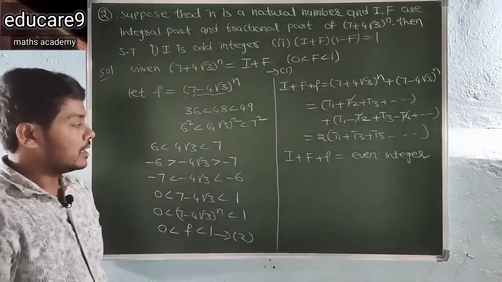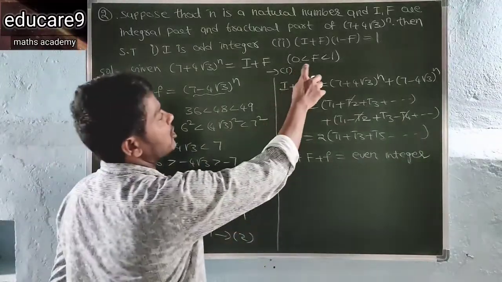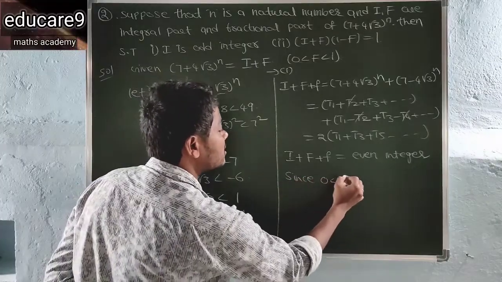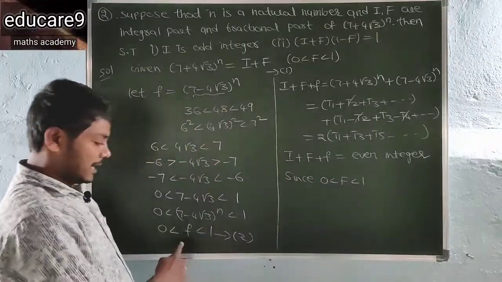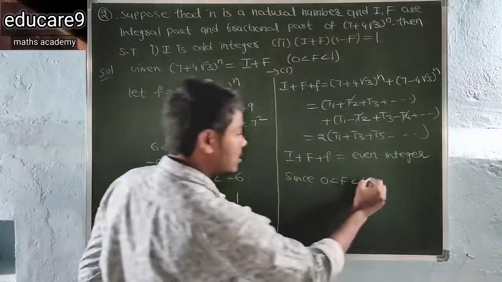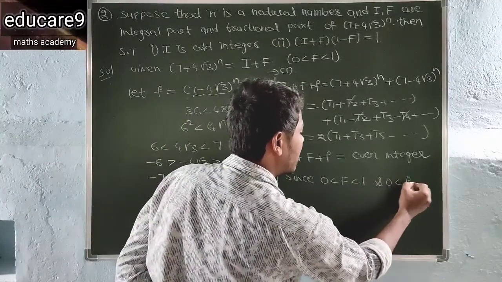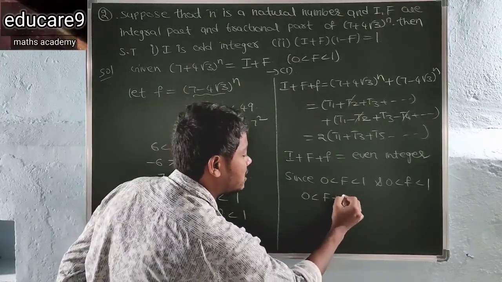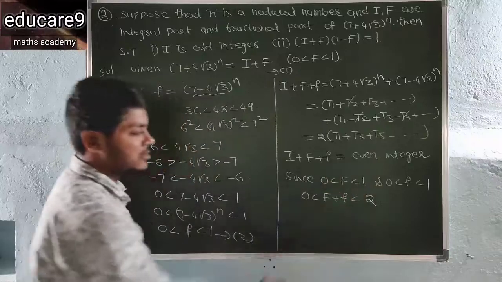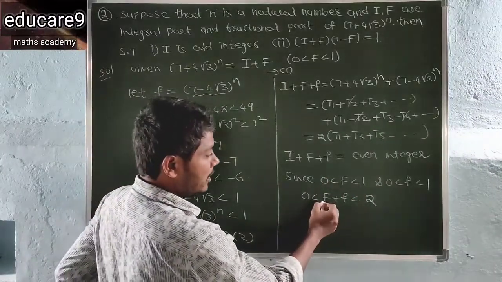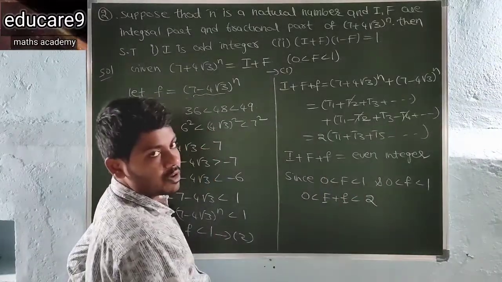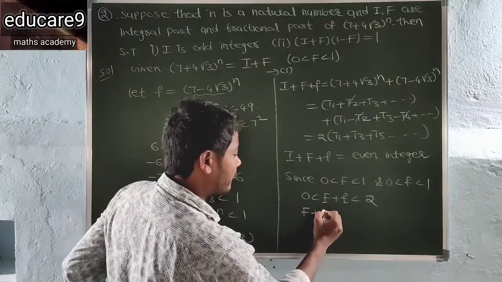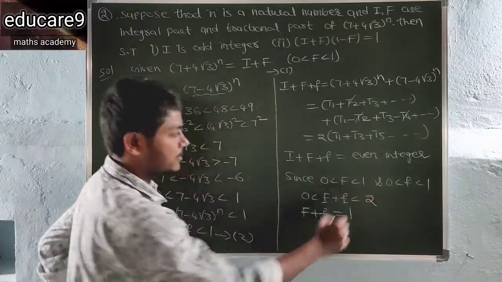Okay. And see here, the first one is 0 less than capital F less than 1, and from equation 2, 0 less than small f less than 1. So add these two: 0 less than capital F plus small f less than 1 plus 1, which is 2. So clearly capital F plus small f is an integer. Therefore capital F plus small f is equal to 1.